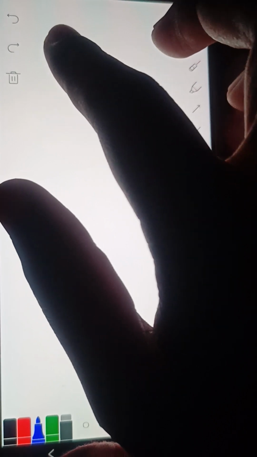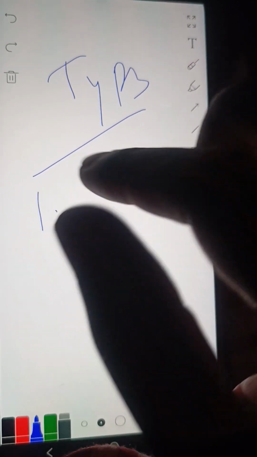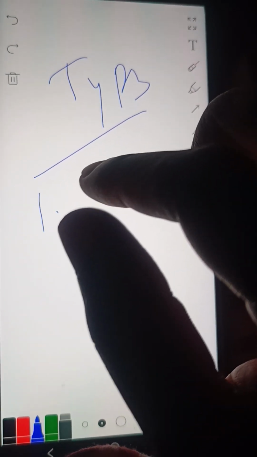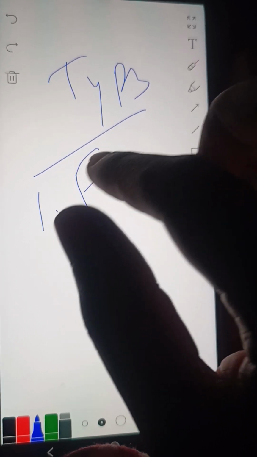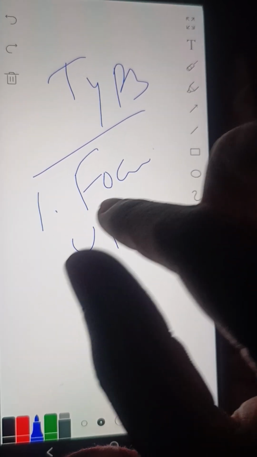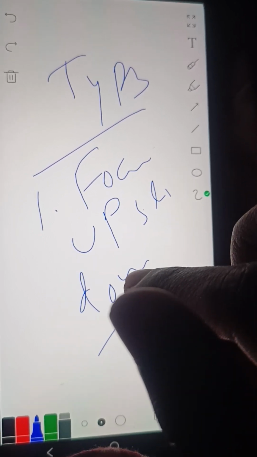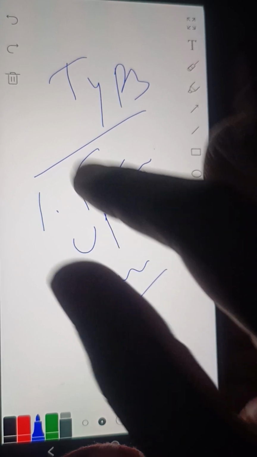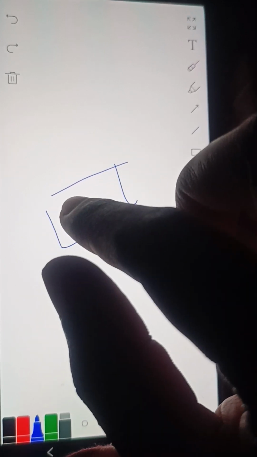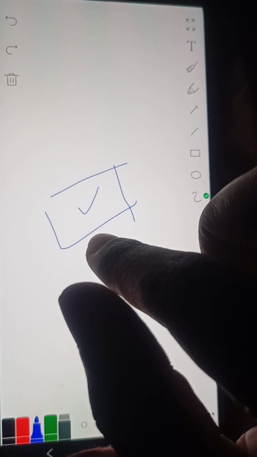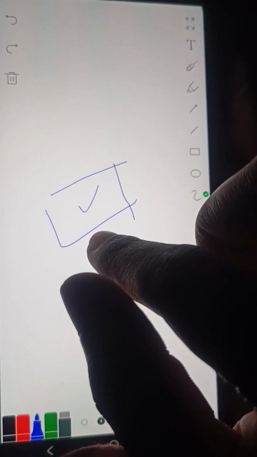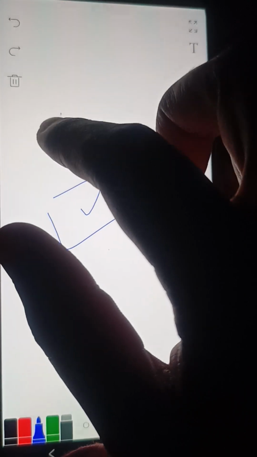There are 4 types of grid cutoff. What are the 4 types of grid cutoff? Number 1, focused grid upside down. What is that? As we have seen, when you use a grid, it has 2 surfaces, this surface and the bottom surface, because of the 3D structure, and there is a source.